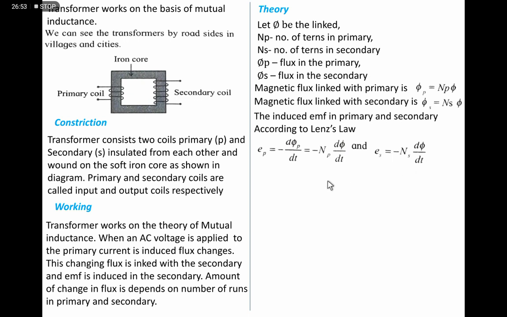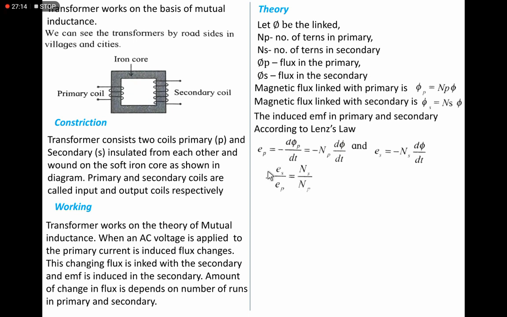If we divide this equation, that is EP is equal to minus NP d phi by dt and ES is equal to minus NS d phi by dt, we'll get ES by EP is equal to NS by NP.